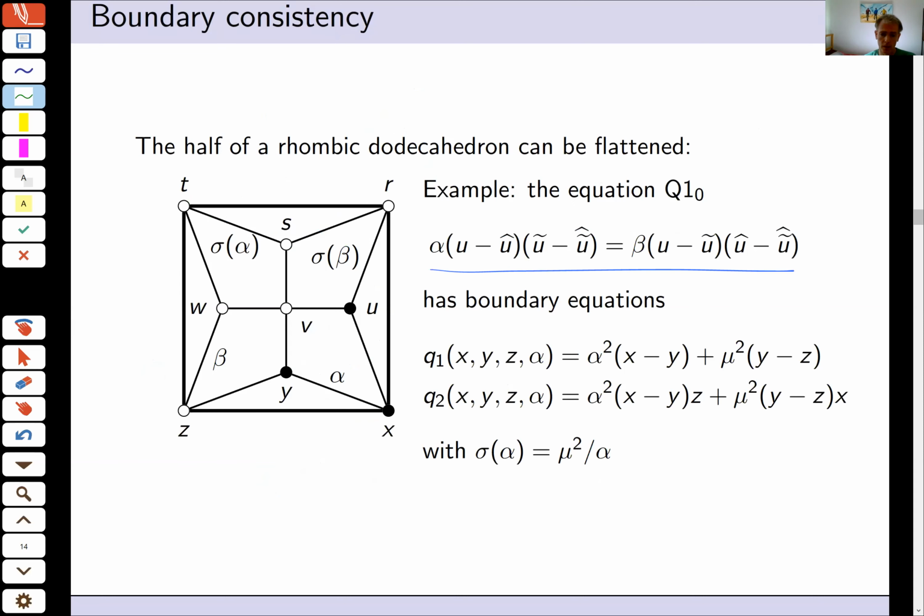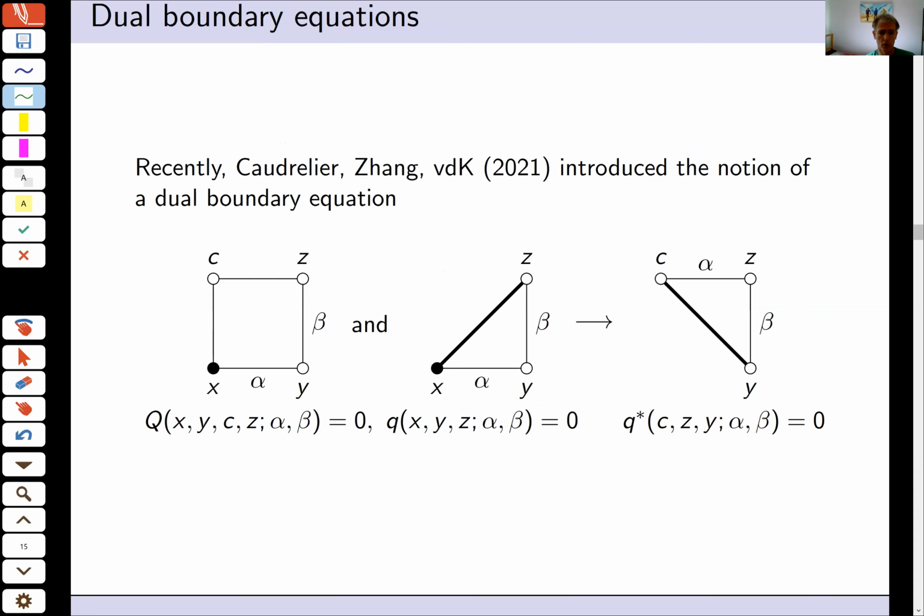Okay, and there are two types of involutions. This is the multiplicative one. There is also an additive one, which is that sigma of alpha is 2 mu minus alpha. And there are boundary equations there as well, but I have not got them on the slide. Now here is a new idea, that boundary equations have duals.